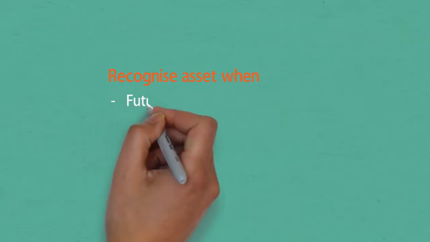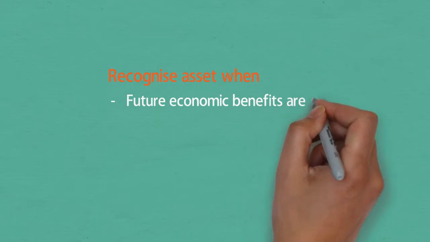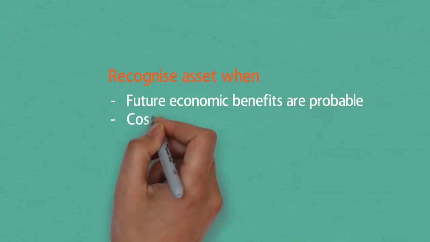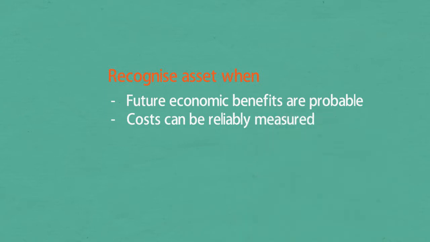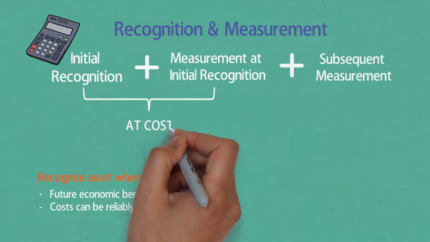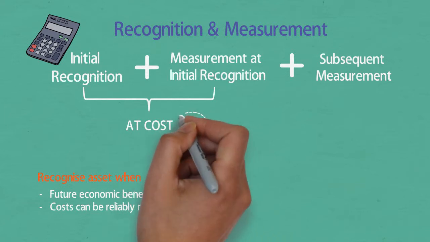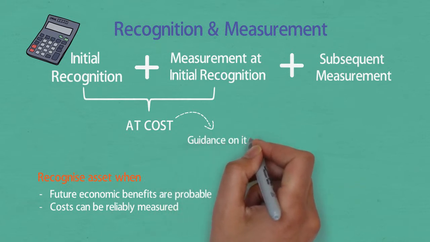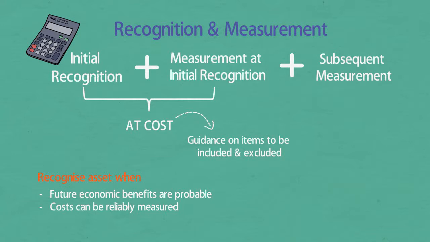Ind AS 16 prescribes for recognition of an asset when it is probable that the future economic benefits associated with the asset will flow to the entity and cost of asset can be measured reliably. An item of PPE that qualifies for recognition as an asset shall initially be recognized at cost. So initial measurement will happen at cost. Ind AS 16 offers guidance on items to be included and excluded while computing the cost of PPE.